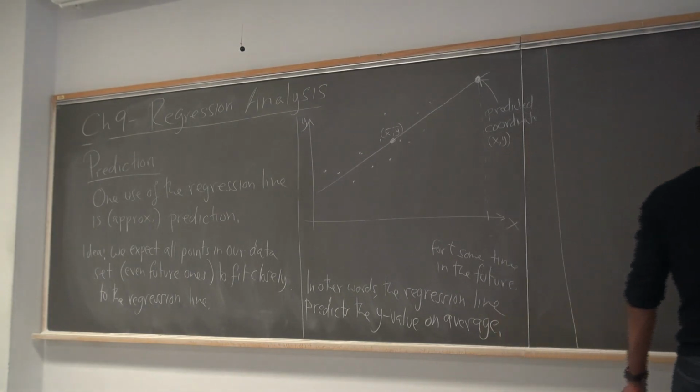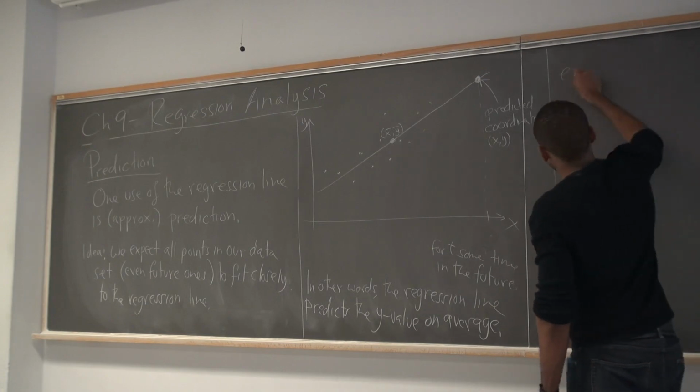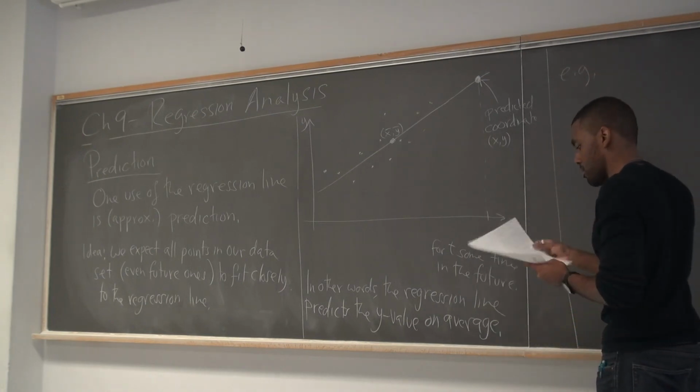So we did the first example where we looked at the 10 grades and we found the best fit regression line for this set of 10 grades. Now a follow-up question could be something like this.